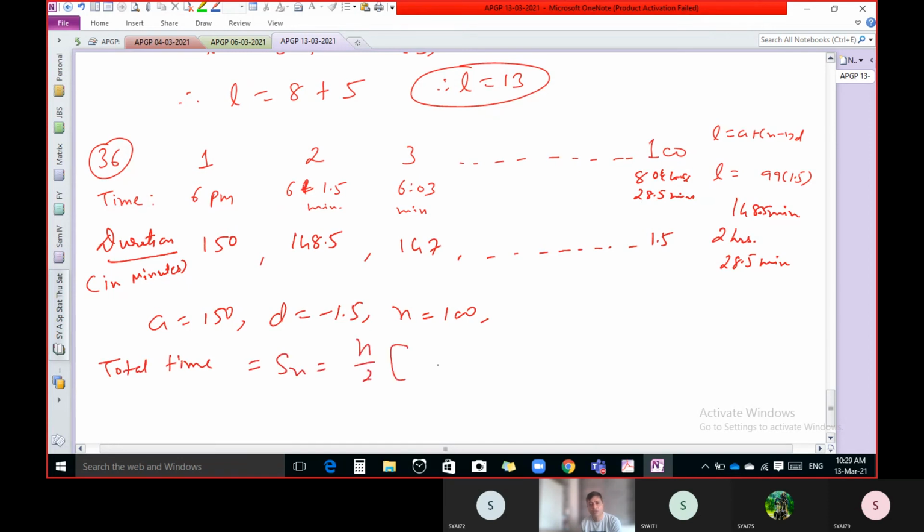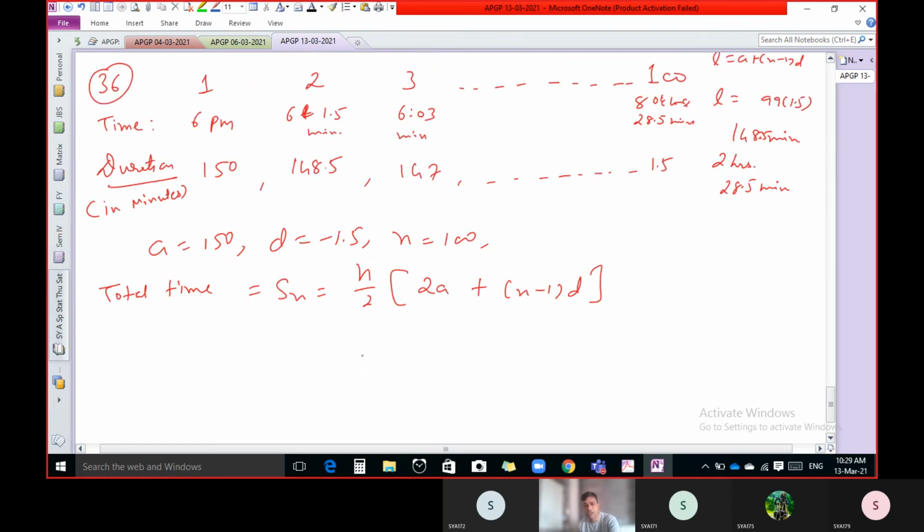Sn = n/2 [2a + (n − 1)d]. So 100 by 2 is 50, 2 into 150 is 300, and multiply 99 with minus 1.5, so we get minus 148.5.